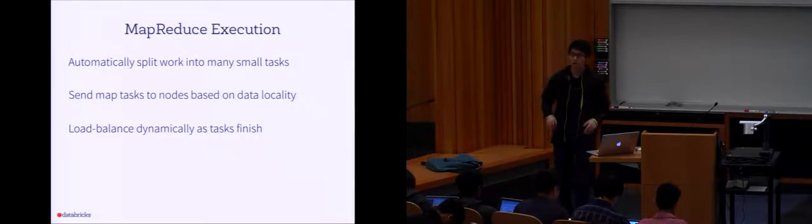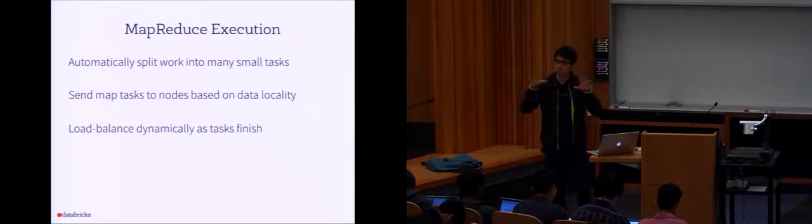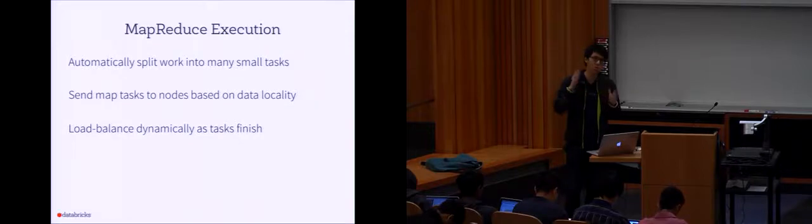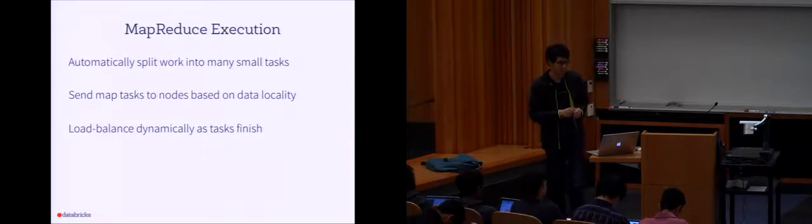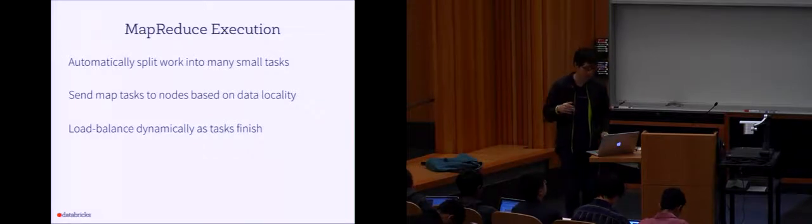Given map and reduce, a very restrictive programming model where there's really only two functions to define, the MapReduce framework, the engine itself, can automatically split a big job into multiple smaller tasks. And you send the tasks to nodes, scheduling for locality.